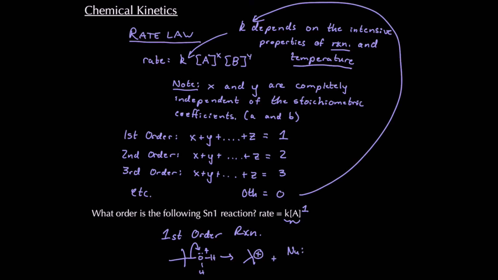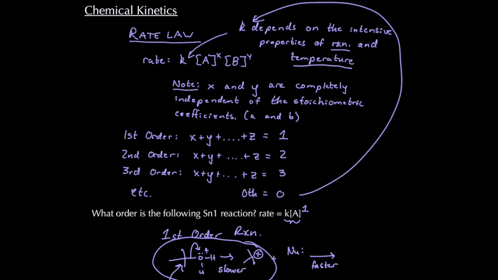But that's actually a faster step than this first step, which is slower. So the formation of the carbocation is our slow, rate limiting step, which is going to determine the order of the reaction. So actually, the A here is going to be the concentration of this reactant with the alcohol group. That is going to be our A in this SN1 reaction.